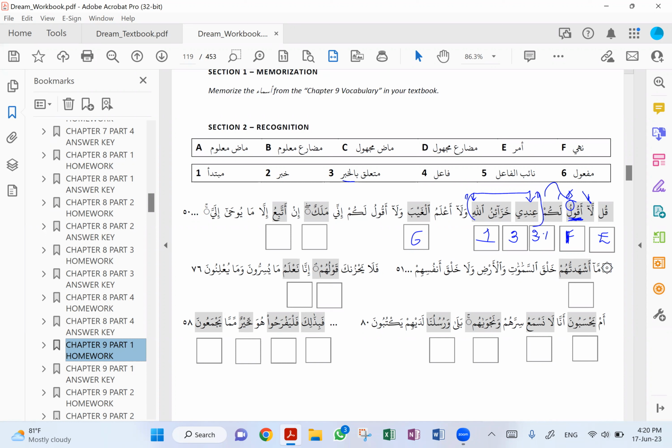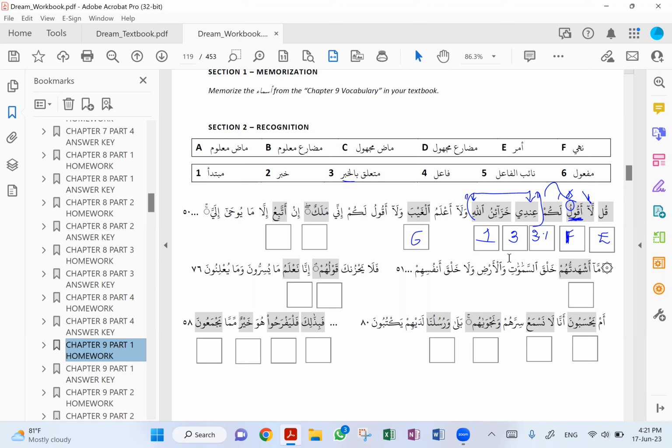Yes, مفعول به, which is also called مقول القول, the thing being said. Okay. So every time you have قل, say, or any similar words like تحدث, also speak, like when you're commanding somebody to talk, there's going to be a مقول القول after it, which is always going to be في محل نصب مفعول به.